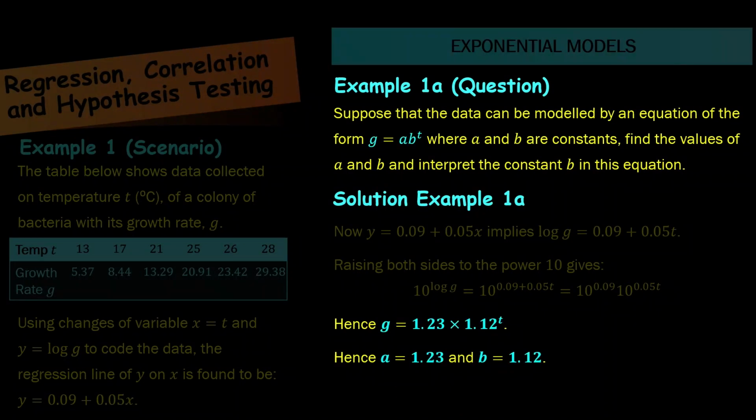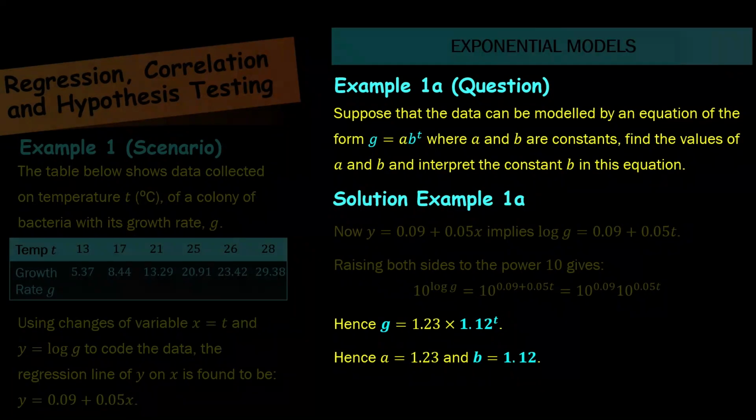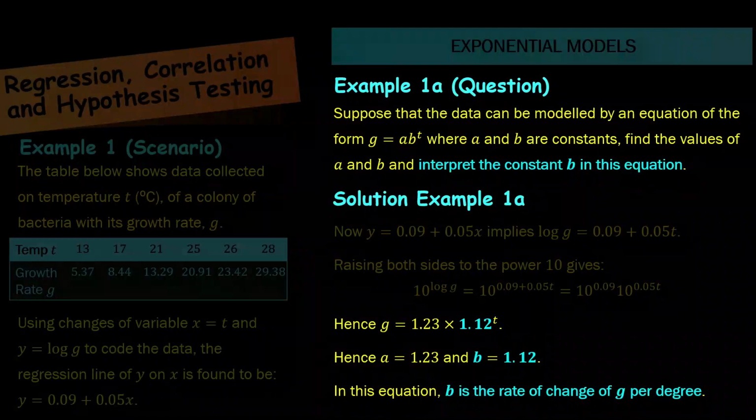Therefore, we have that a equals 1.23 and b equals 1.12. In this equation, b is the rate of change of g per degree.